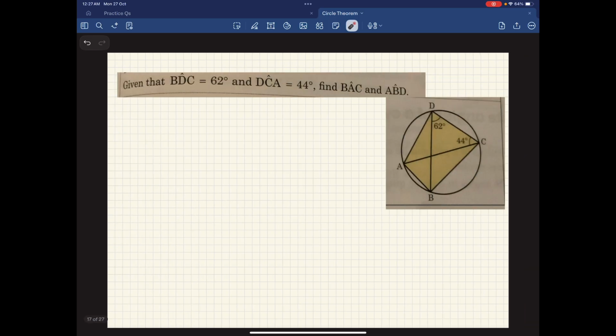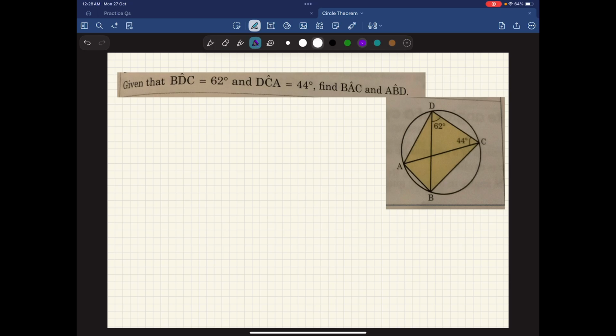Okay, let's do an example to clarify. Given that BDC is 62 degrees and DCA is 44 degrees, find angle BAC. So they want us to find this angle. Now let's see.